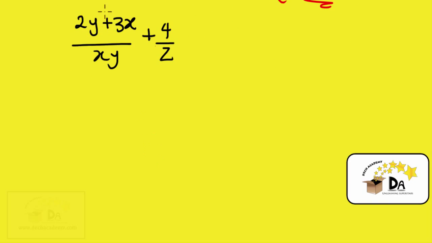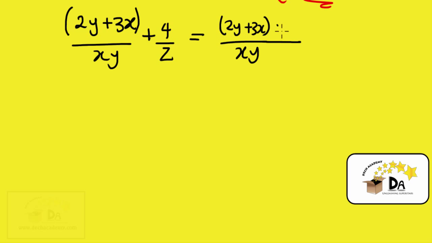Now we're just focusing on the addition of two fractions which have different denominators. The denominator of the first fraction is xy, the denominator of the second fraction is z. So what do we do? We take the first fraction, 2y plus 3x over xy, and we multiply it through by the denominator of the second fraction, which is z. We note down the mathematical operation.